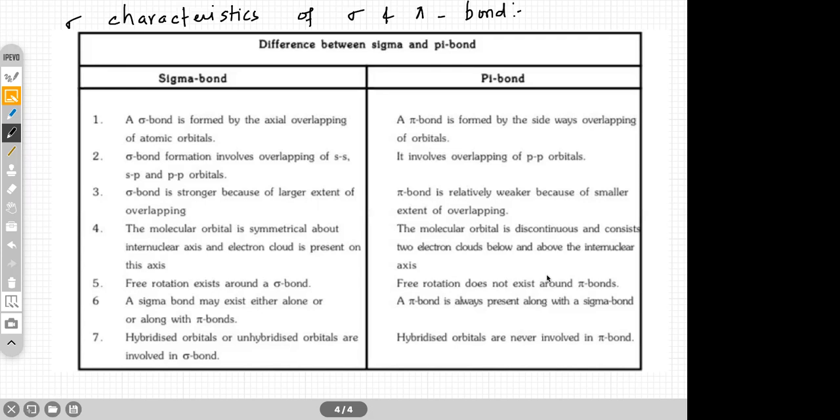Yes, pi bonds form because of the lateral overlapping of p orbitals, but not only p, we can have d orbitals also. But in valence bond theory, we don't talk about d orbitals. Point number 4: the molecular orbital is symmetrical about the internuclear axis.